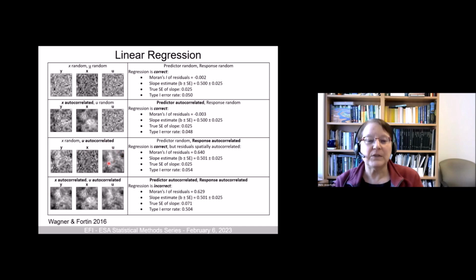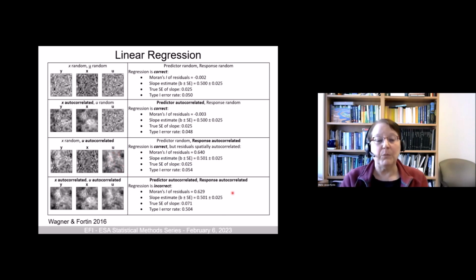Then there could be the case where you have some spatial autocorrelation in your residual, which implies that your response variable maybe has some autocorrelation, but not your predictors. So here the regression is maybe still valid, but you have the presence of autocorrelation in your residuals, like we can see a little bit of the pattern here in the U matrix.